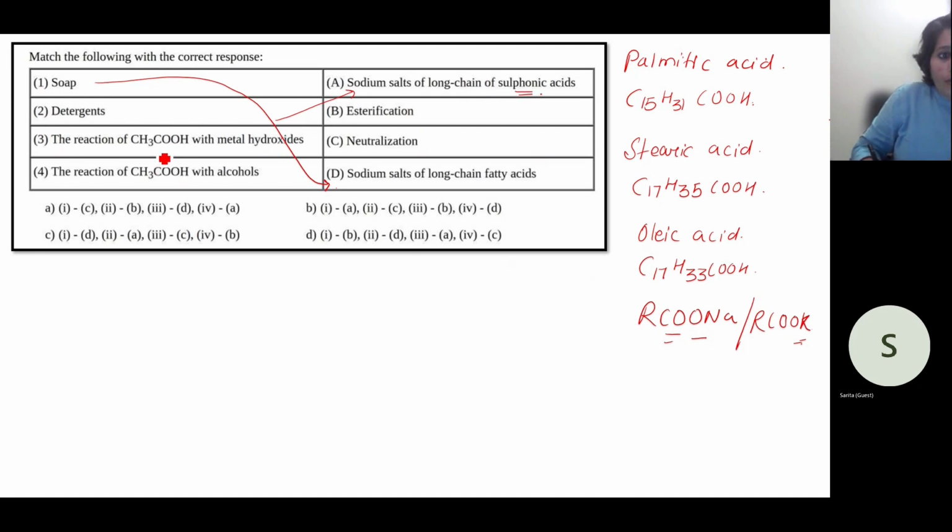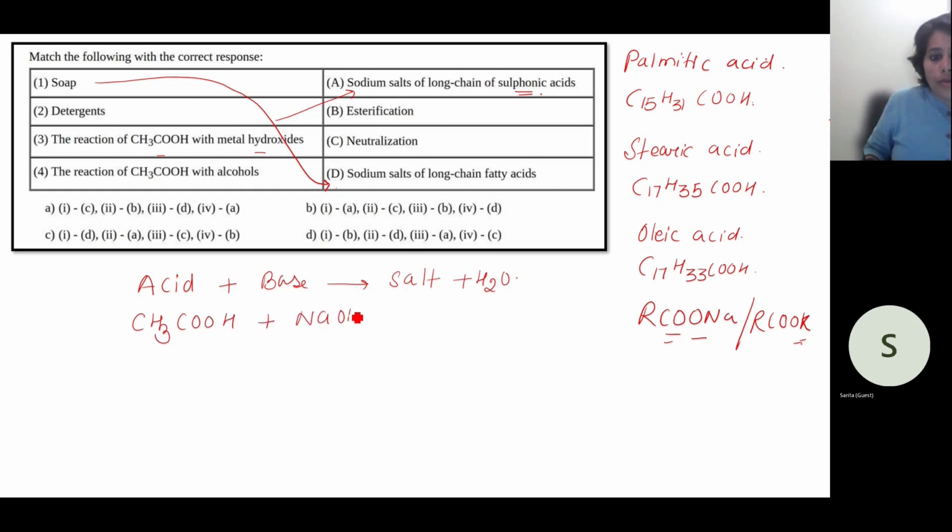Next, the reaction of acetic acid with metal hydroxide. So remember, whenever acid reacts with base, we will get salt plus water. So here acetic acid CH3COOH plus sodium hydroxide, we will get water, H2O, plus CH3COONa, the sodium salt of carboxylic acid.